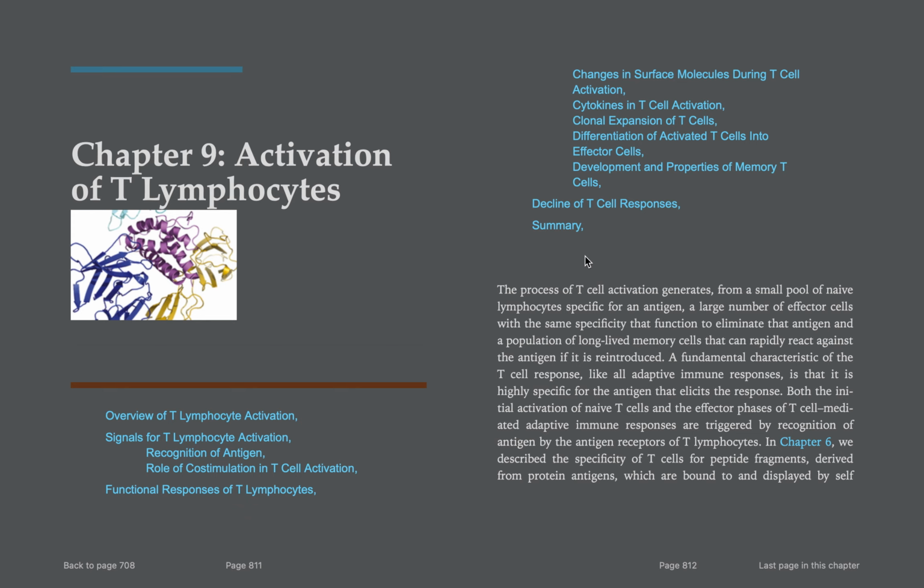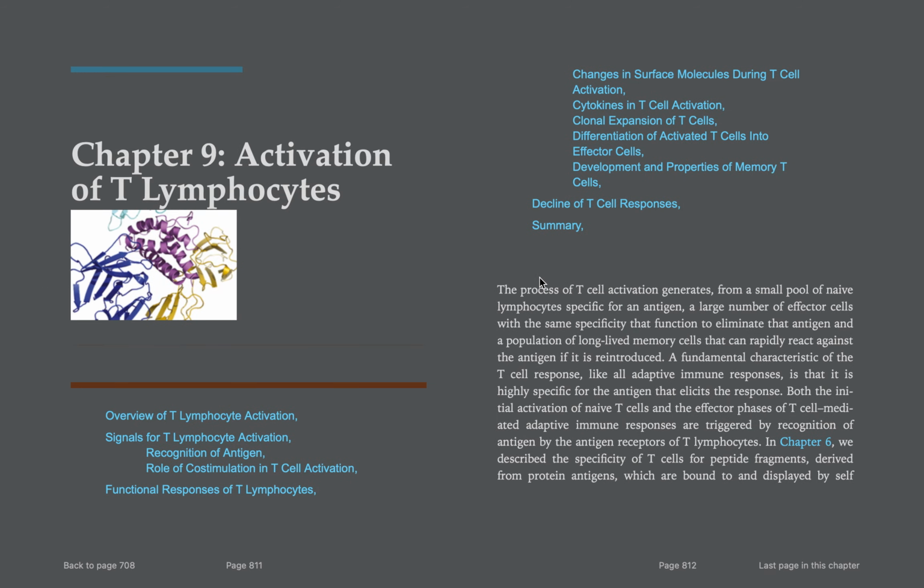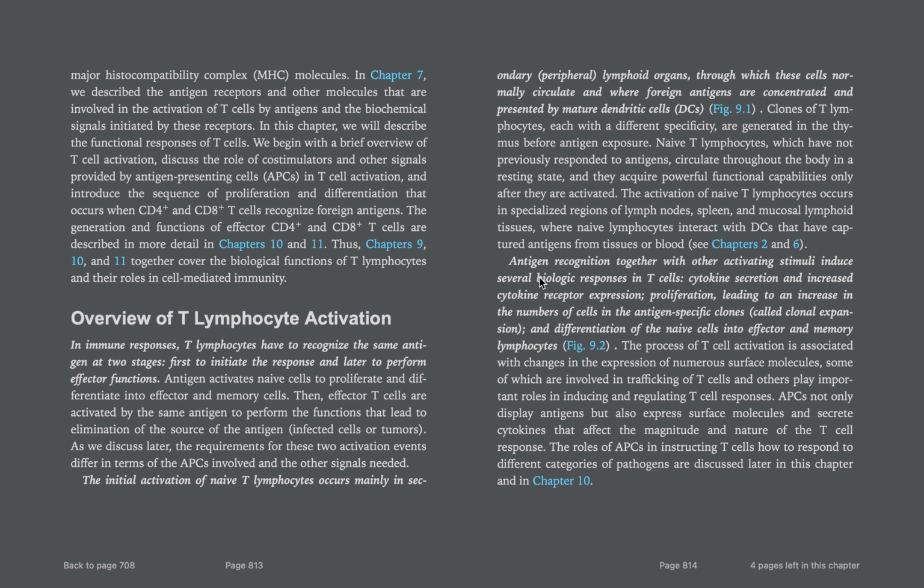Both the initial activation of naive T cells and the effector phase of T cell mediated adaptive immune responses are triggered by recognition of antigen by the antigen receptor of T lymphocytes. In chapter 6, we described the specificity of T cells for peptide fragments derived from protein antigens, which are bound to and displayed by self major histocompatibility complex, MHC, molecules.